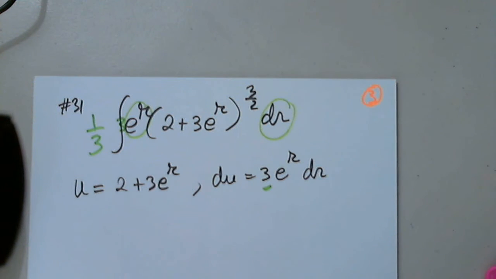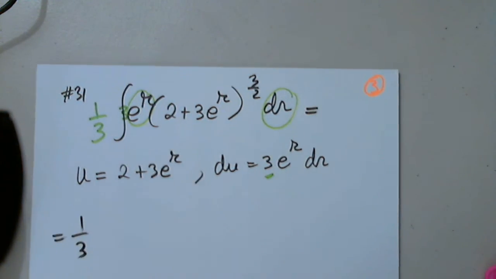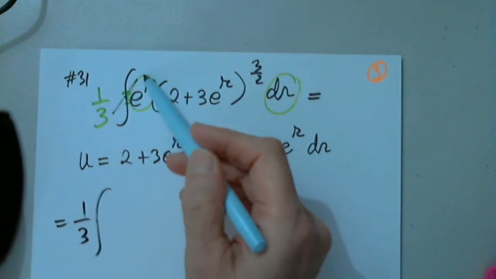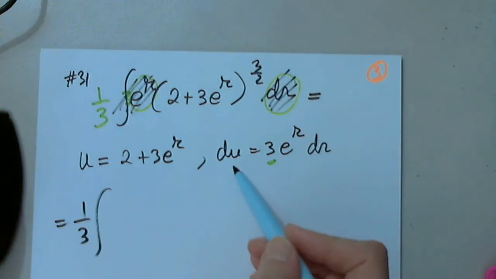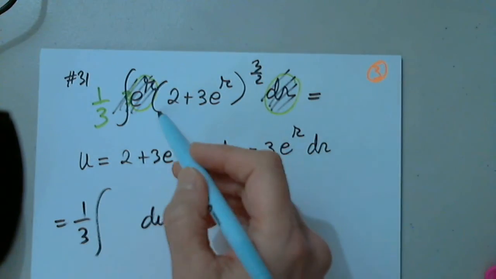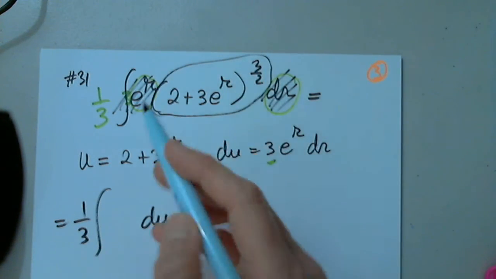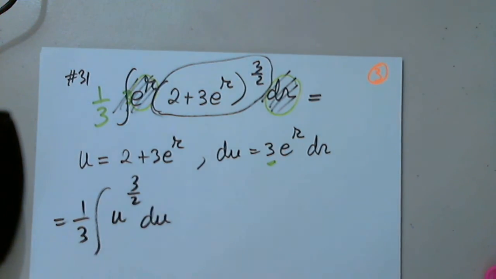It's just a factor. It's easier if it's just a factor. If it's not just a factor, then solving for dr will be a better option. But if it's just a factor, it's not going to be a big deal. So this is du. And all this is u to 3/2.